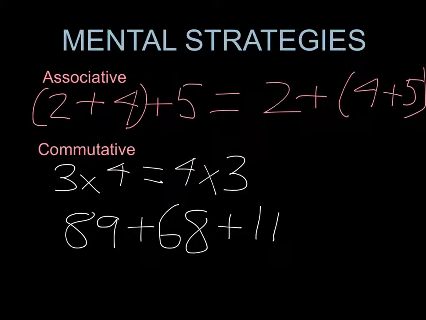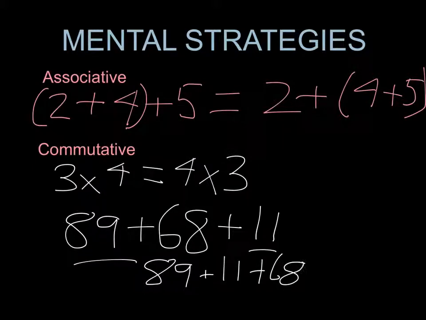Now, a lot of people in the world would have trouble doing 89 plus 68 efficiently. So don't feel bad if that freaks you out a bit. But in this case, we could use the commutative law to move the numbers around to make it easier. What you might notice is that 89 and 11 add up to 100. So if I rearrange the order, which again I can do, I get 89 plus 11 plus 68.